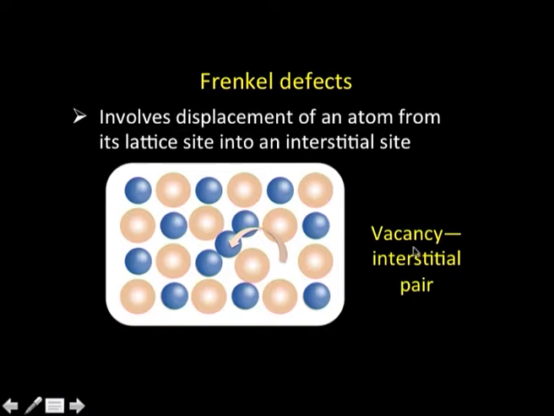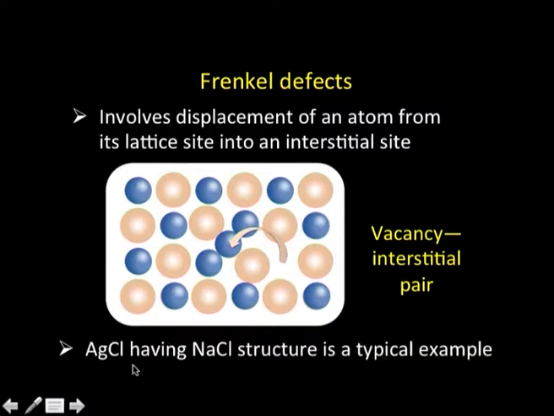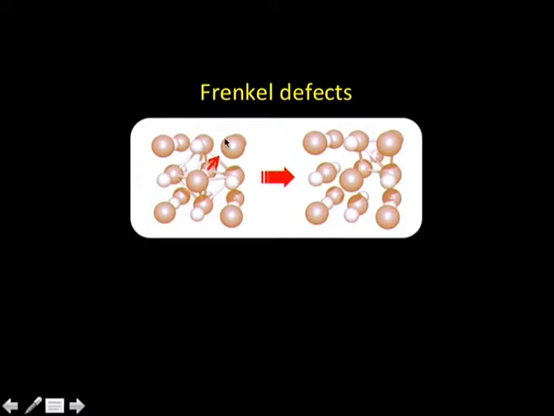So, the Frenkel defect essentially constitutes a vacancy-interstitial pair, and silver chloride, having the sodium chloride structure, is a typical example. Let us understand this. This is a typical sodium chloride structure, and these white spheres are the silver ions. The silver ion sits at the octahedral void, which is its position.